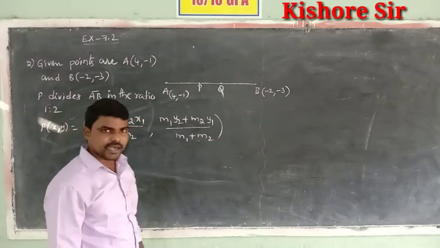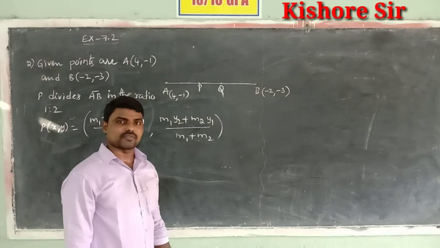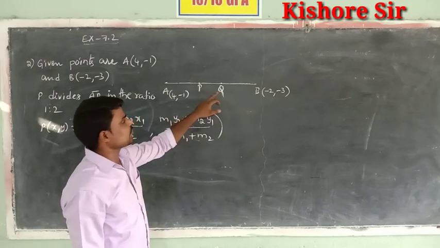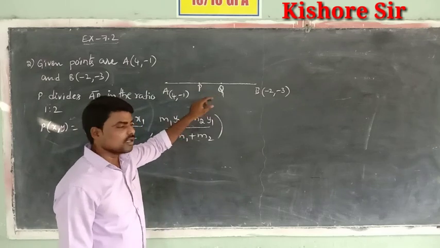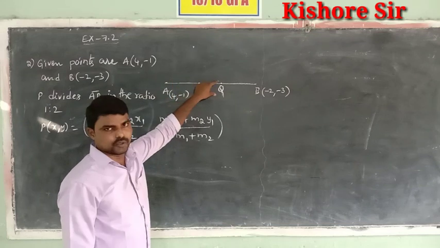We have to find the coordinates of the points of trisection, the coordinates of P and Q.